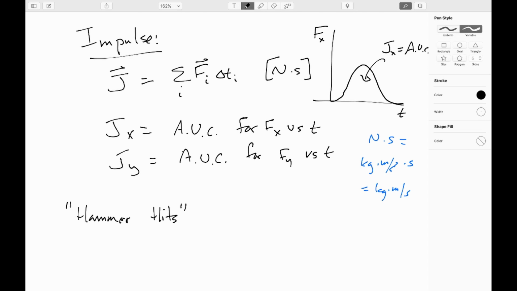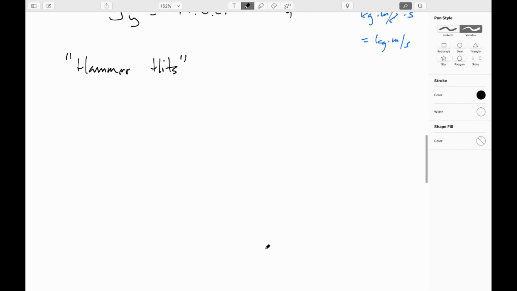So for instance, let's say you're designing a hammer.